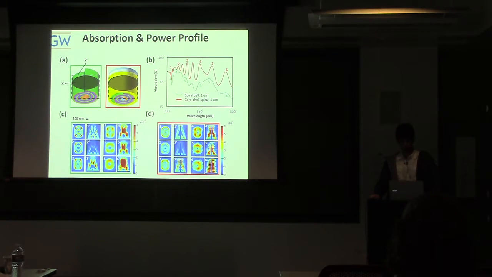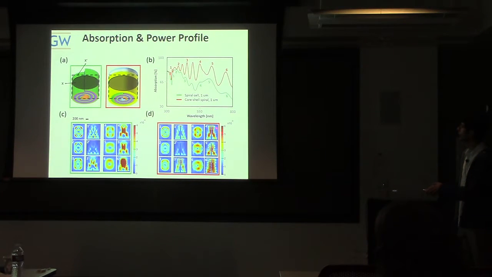And this is due to optical field confinement inside the structure, of course. The higher Q factor observed in the core-shell cell relative to the spiral cell, which is completely dielectric, is clearly visible in the cross-sectional mode profile as distinct power lobes. You see the mode lobes here for the core-shell structure are clearly more visible than for the dielectric.